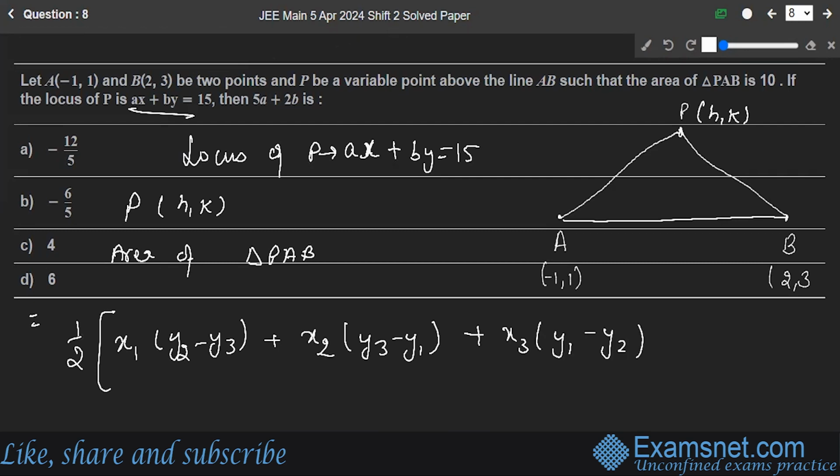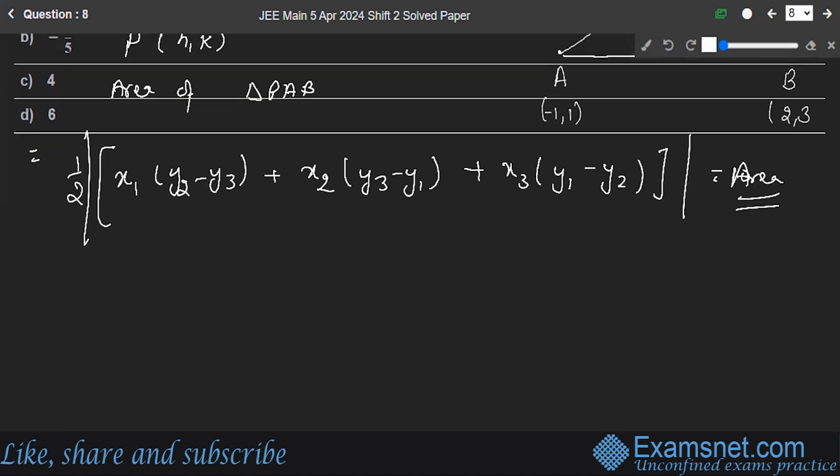The magnitude should be modulus. It should be 10 according to the question because the area is given to you 10 in the question. Or here I'm taking the general one. So I'll write down area.